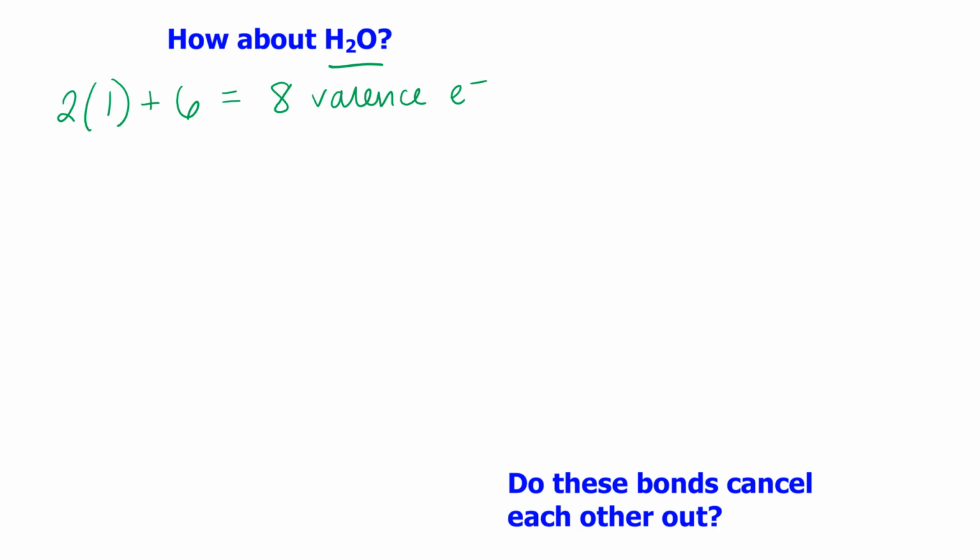And then I have to draw my central atom. So since oxygen has 6 valence electrons, and I know from the Lewis dot diagram that it can form 2 bonds, whereas hydrogen has 1 valence electron, so it can only form 1 bond, oxygen is going to be our central atom. And I start by forming my single bonds to the hydrogens from the oxygen. Each single bond takes up 2 electrons.